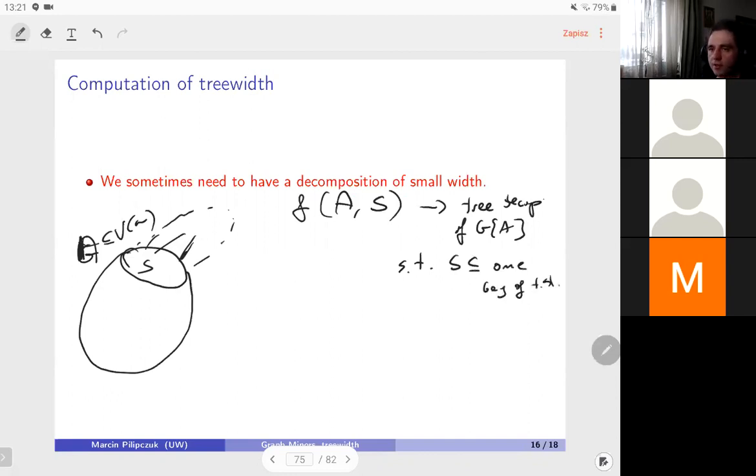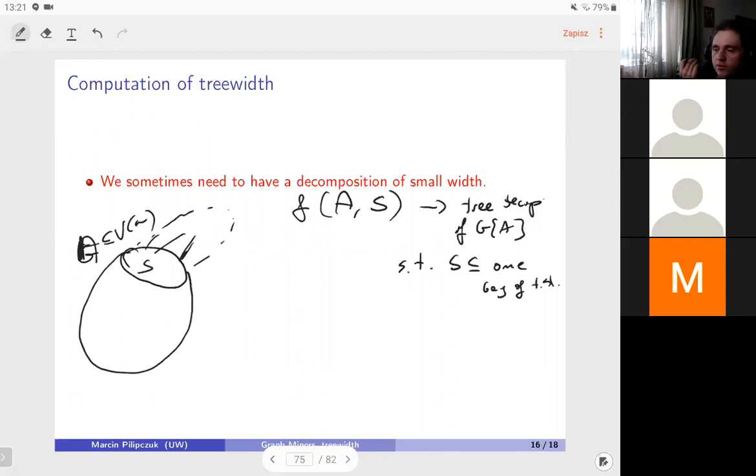So I want to decompose not only this part of the graph, but also have S as a separator to the rest of the graph, hidden in one bag of the tree decomposition. And I want the width of this tree decomposition to be really small.